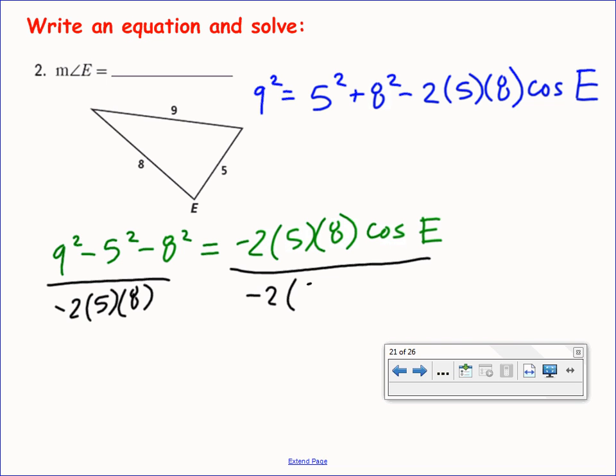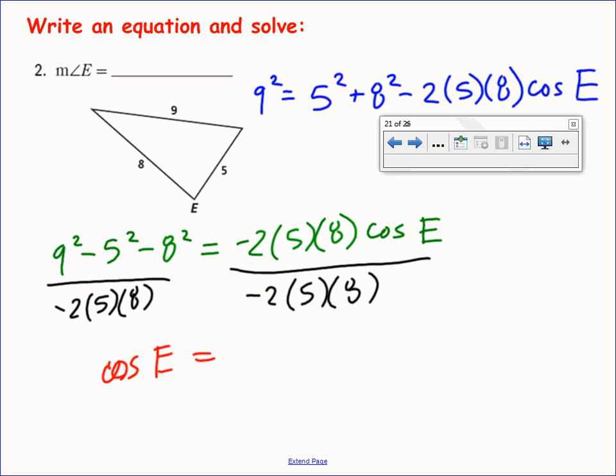I'm just going to do this once to show how I'm getting my entry each time. That isolates the cosine of angle E on one side. And I get 9 squared minus 5 squared minus 8 squared all over the opposite of 2 times 5 times 8.